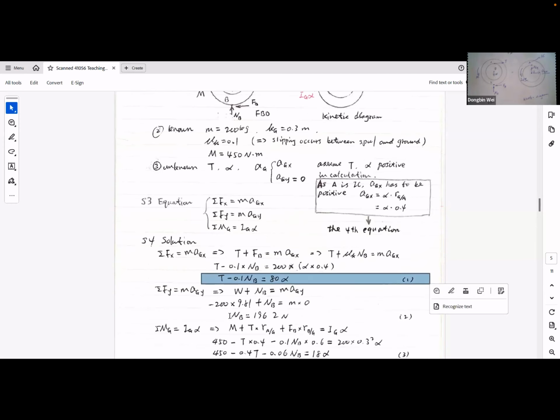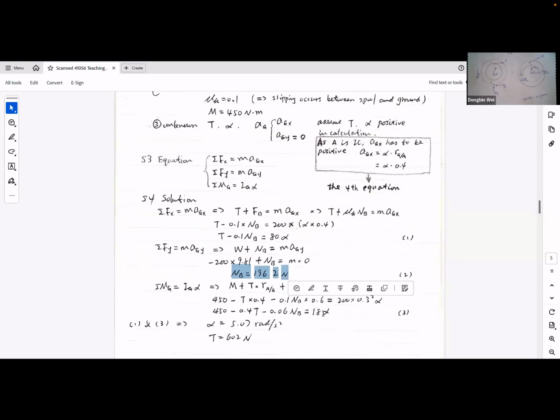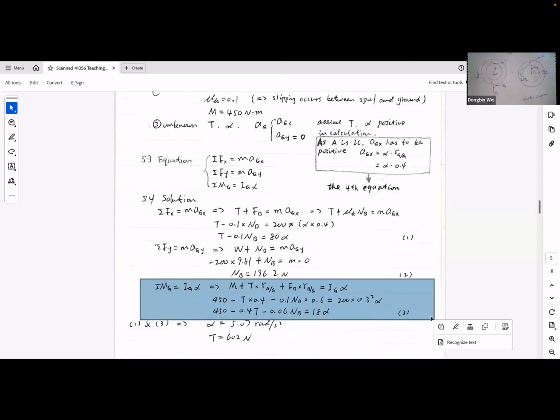From the second equation, we can work out NB directly. And then for the rotational component, we can select point G for our calculation, and we will have our third equation. Look at equation 1 and equation 3.